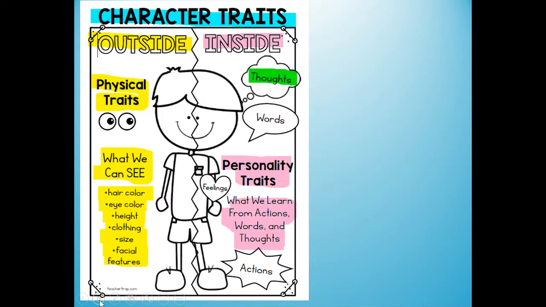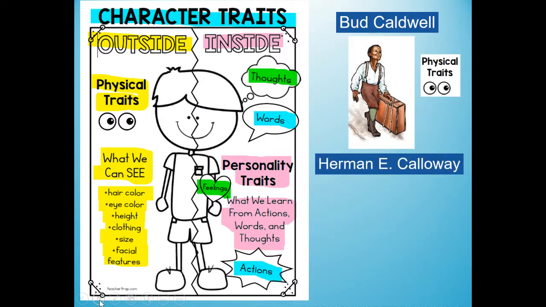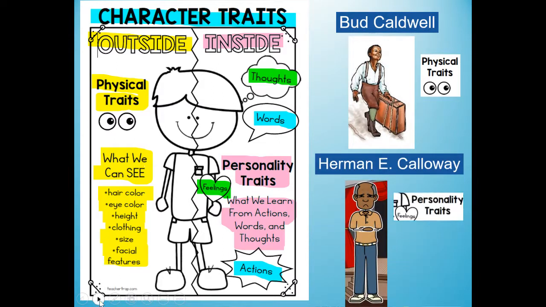So what the character's thoughts are, what they're thinking, what the character's words are, what they say, what the character's feelings are, how they feel, and what the character's actions are. What do they do? And what do those actions, words, feelings, and thoughts tell you about the person, how the character is on the inside? So we're going to look at Bud Caldwell, and you're going to tell me what his physical traits are, what he looks like. And we're going to look at Hermione Calloway, and we're going to look at his personality traits, what he's like on the inside.